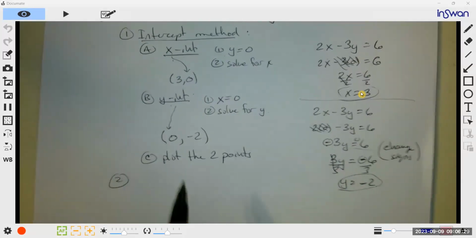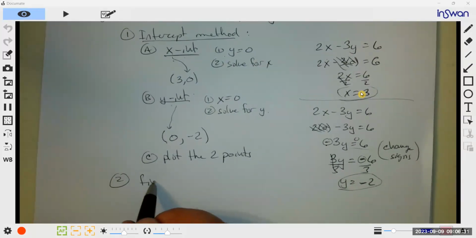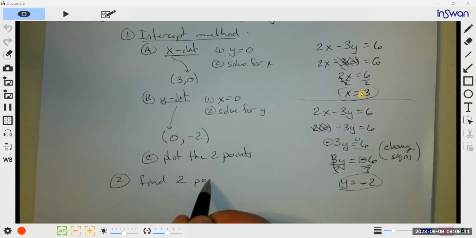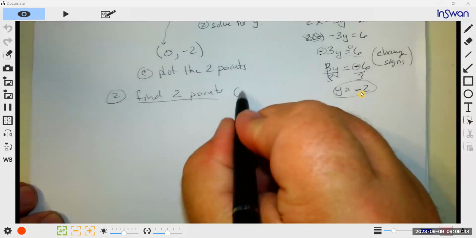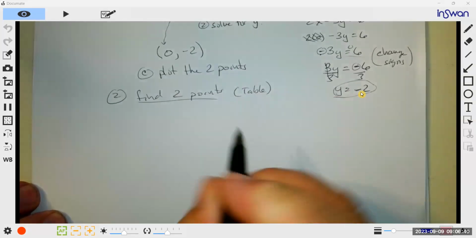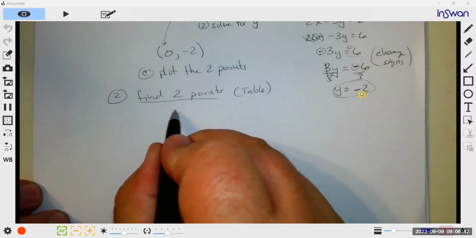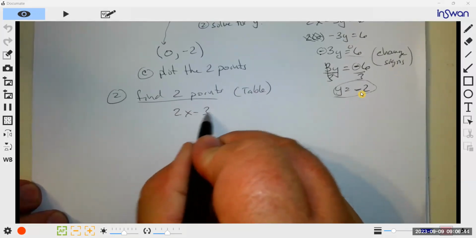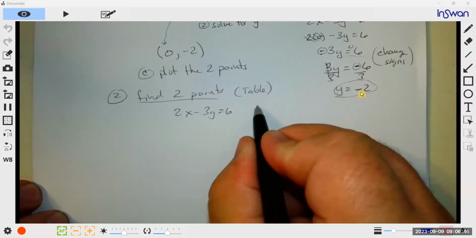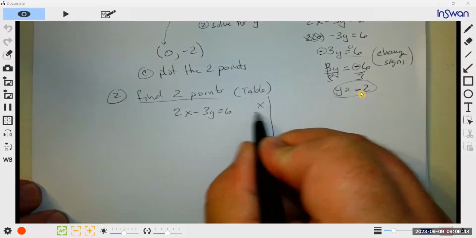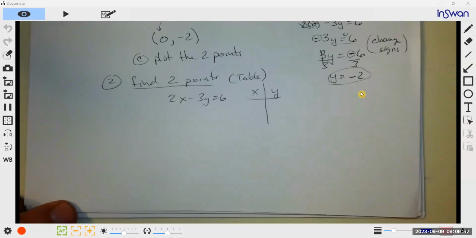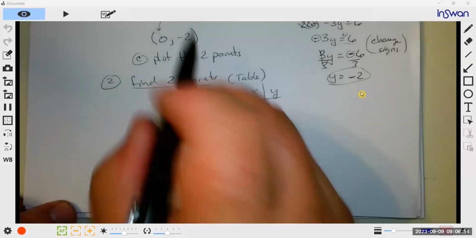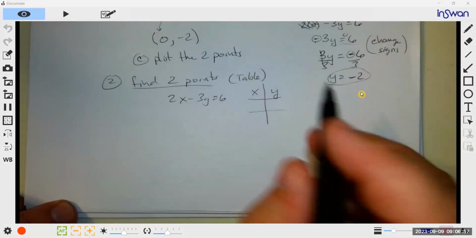Another method is just find 2 points. We use a table here. Again, our equation is 2x minus 3y equals 6. Besides using 0, 0, let's see what we can find here.